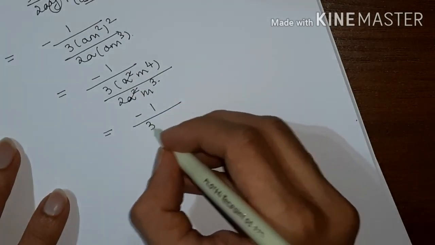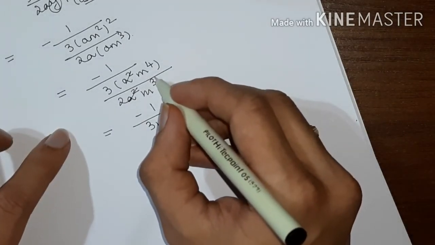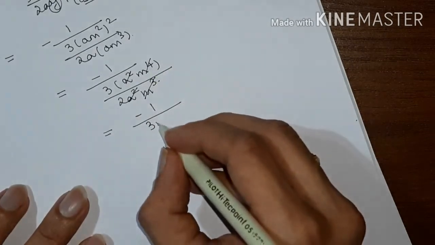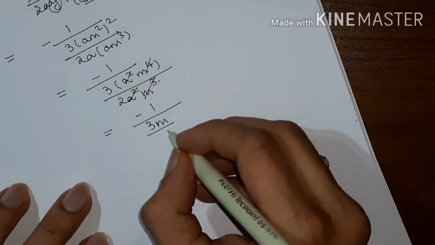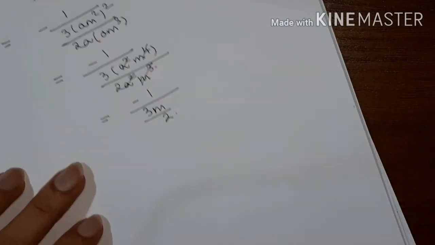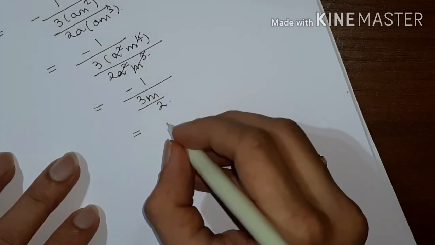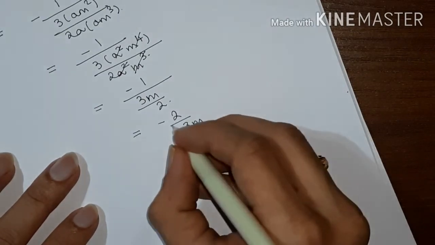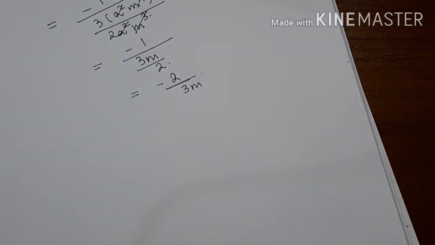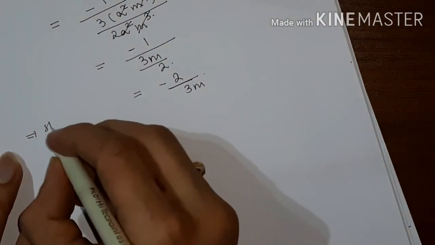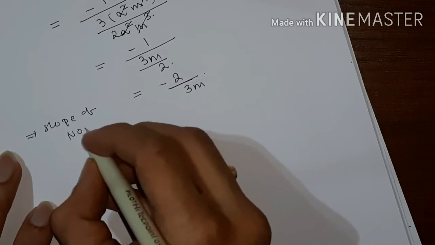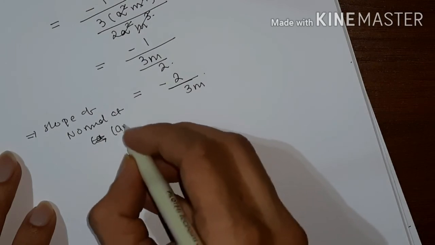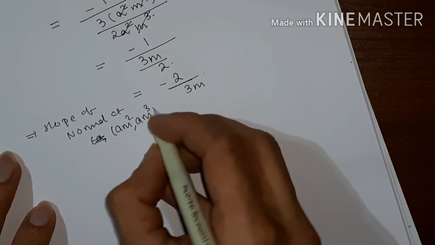Okay, and you will get 3, also m cube and m cube will get cancelled, 1 m will remain here, right? So 3m divided by 2. Okay, this is what we get. So that is nothing but minus 2 by 3m. Okay, so this is the slope of the normal at am square comma am cube.